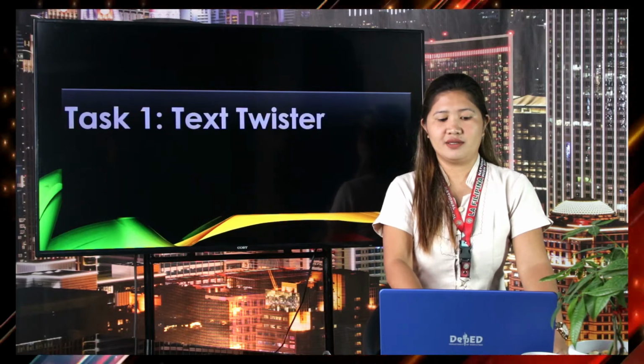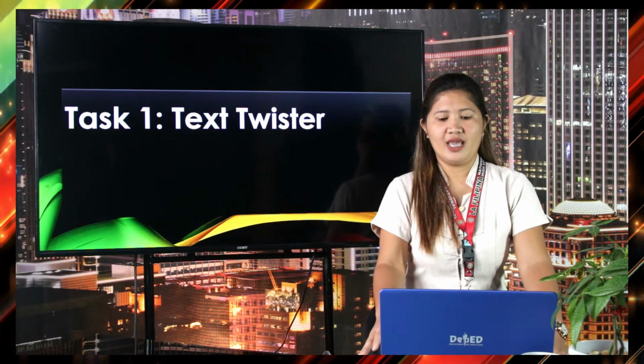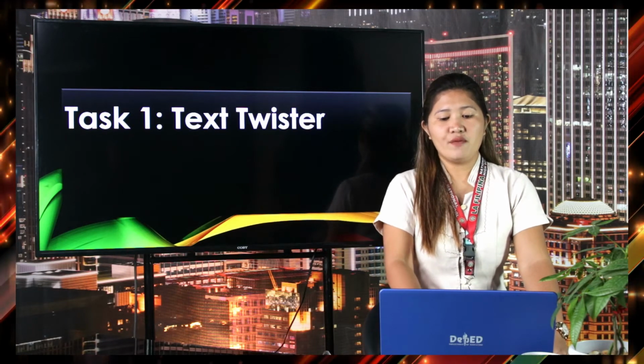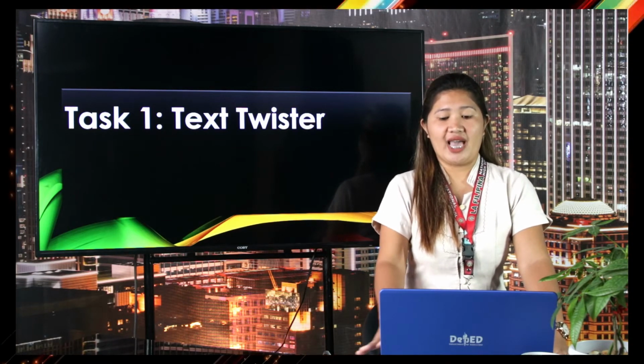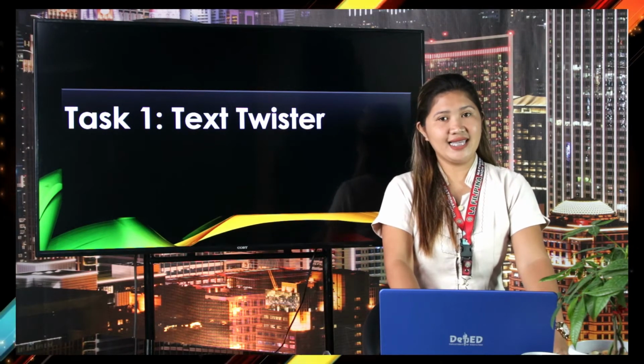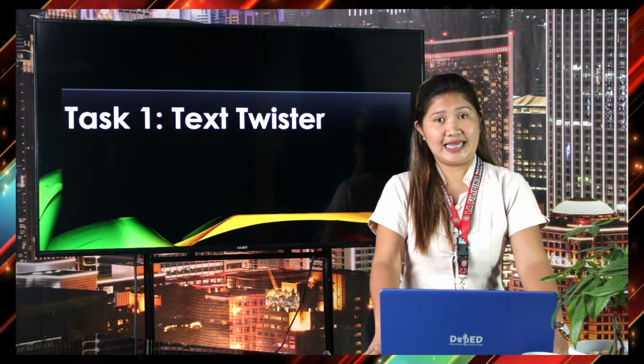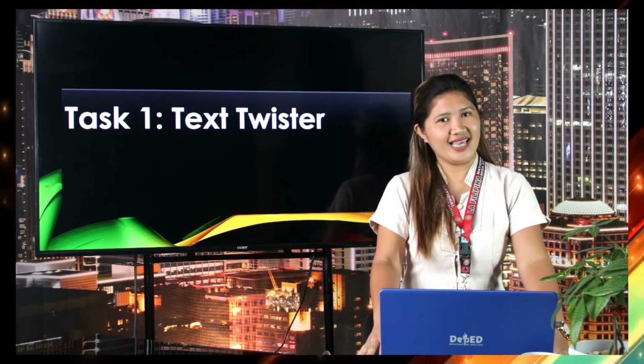Our task is what we call Text Twister. In this task, you arrange the letters of each item to decipher the words. A hint is provided. I will read each letter and a hint for you. I guess you are ready.